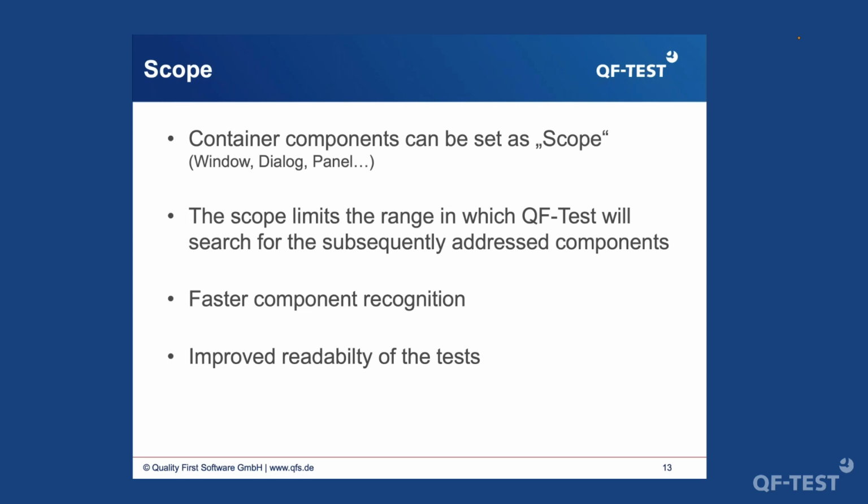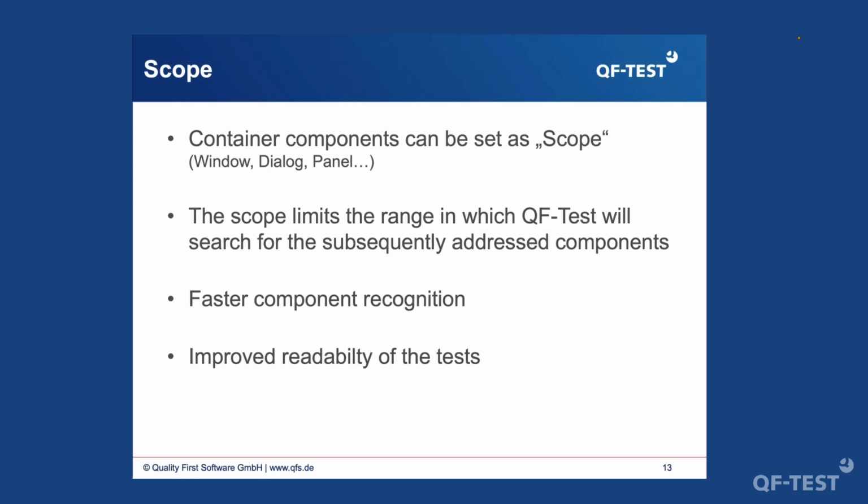And to improve this a bit more, since we said the performance is not that good if you need to search over the whole entry masks and stuff like this, we introduced the scope concept in here, where you can say, I have some container component, whether it's a window, a dialog, a panel, and I want to just search in this specific panel for my component, which limits the range in which QF-test will search for the address component.